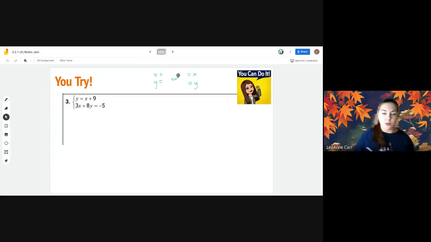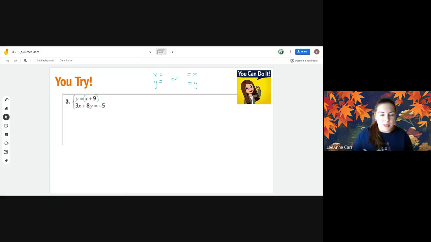Any of those will do. Before, in our first example, both of them had y equals, so we could choose. This time we only have one of those scenarios, and it is that top equation where we see the y equals, our isolated variable. So I'm going to put parentheses around what y is equal to.